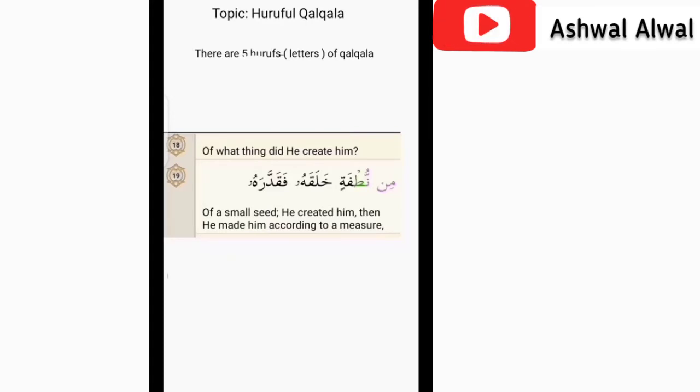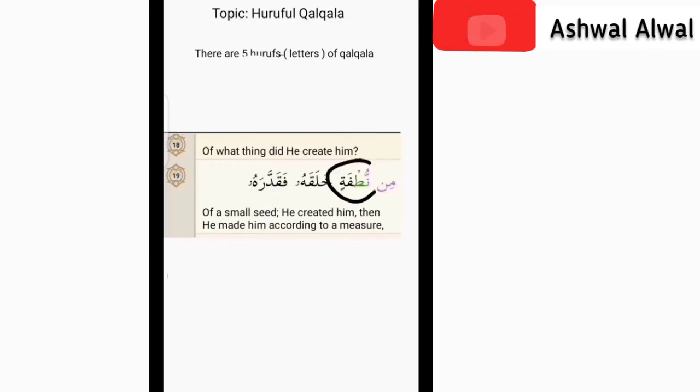And for Juz Amma, from Amma to Nas, they have colors indicating any of these things. It could be a Gunna, a Qalqala, and the previous things we've treated. But here today, as you can see, the HURUFUL QALQALAH is in green. Any green letter you see here is definitely a HURUFUL QALQALAH.